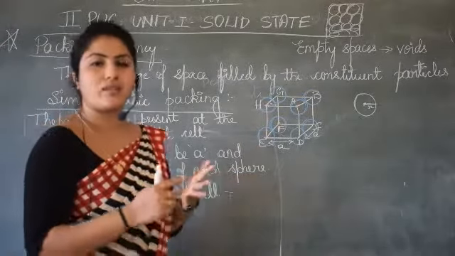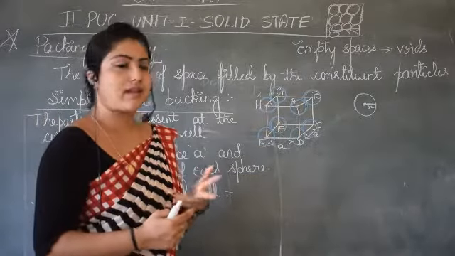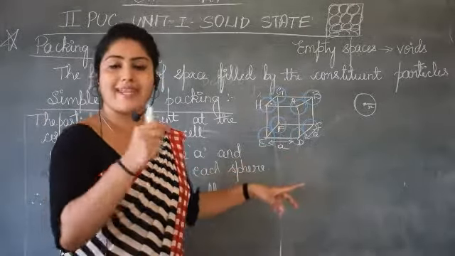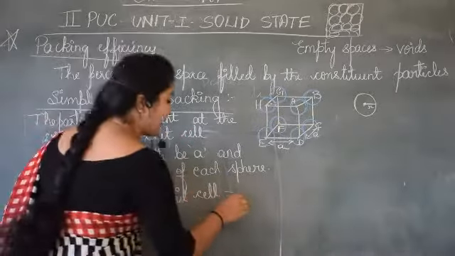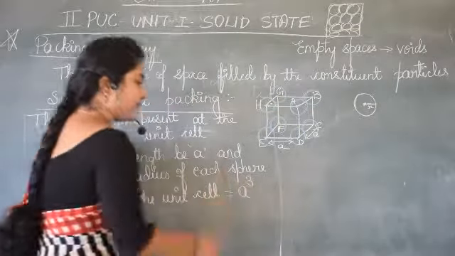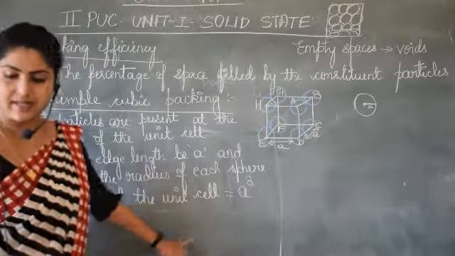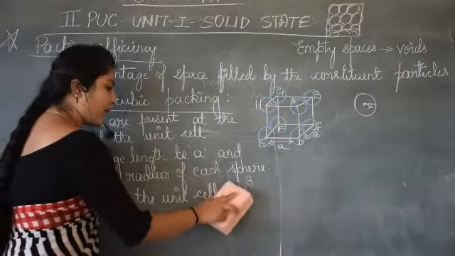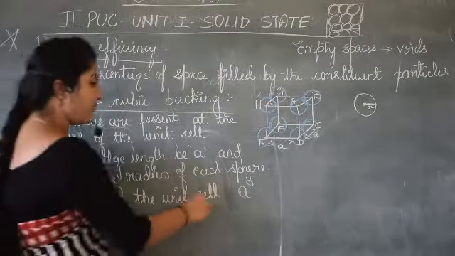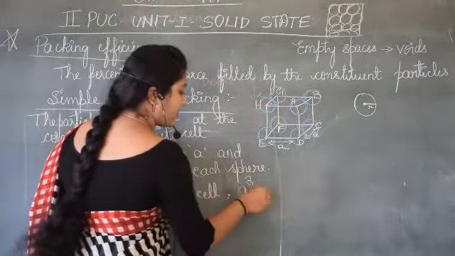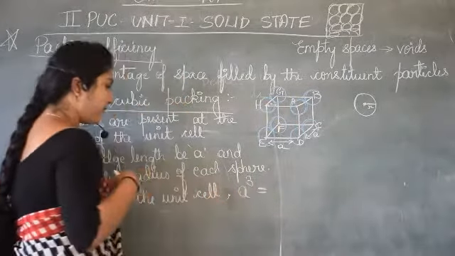Volume is length into length into length. So here edge, A into A into A, it is A cube. Therefore volume of the unit cell, A cube, is equal to, what will it be?